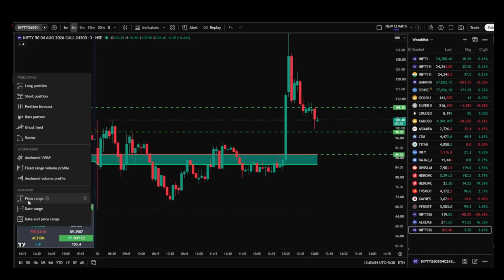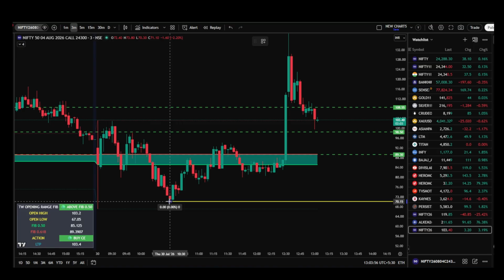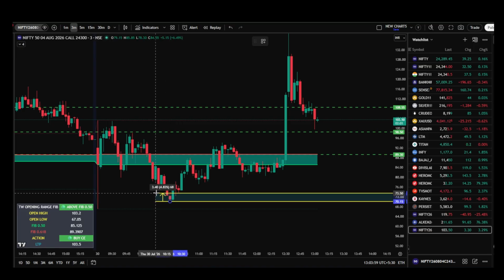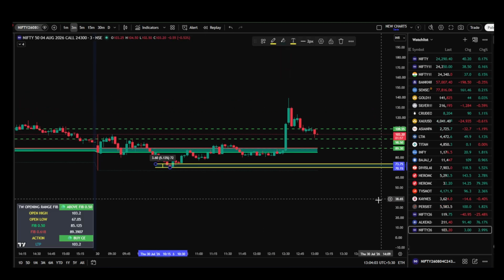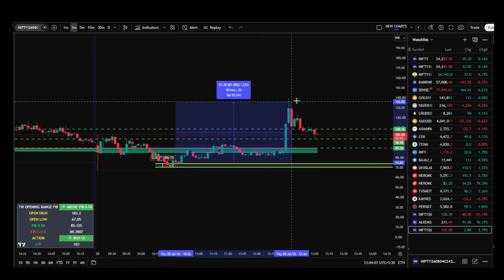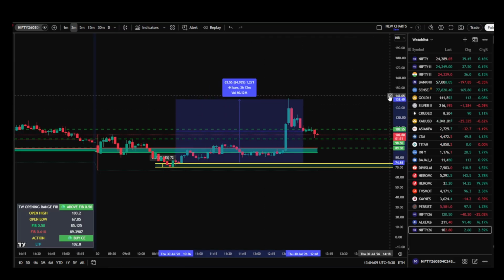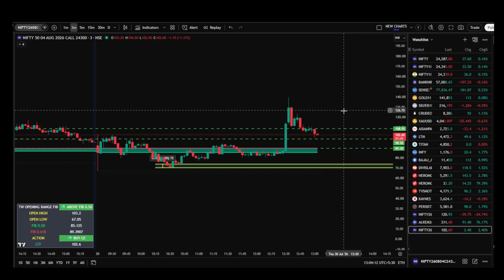The advantage is that by 10:30 it crossed, and from 73 it went up to 138. So this is how the movement is. Around 63 to 65 points you got.